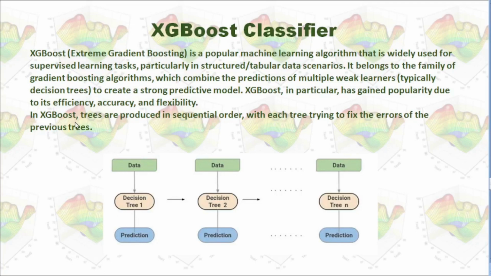In XGBoost, we have several trees, but instead of building those trees independently, trees are produced in sequential order, with each tree trying to fix the errors of the previous trees.